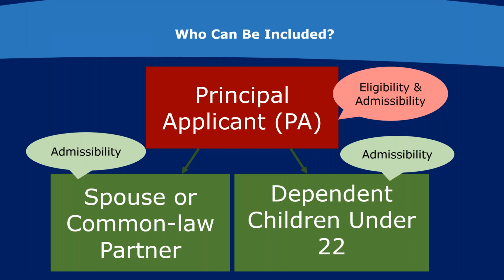Everyone else, the family, the dependent children, and the spouse, assume eligibility from the principal applicant. So they're sponsored under his or her application. But the dependent children and the spouse are assessed for admissibility. So they need to go through the criminality, medical, and security checks and pass in order to be sponsored.